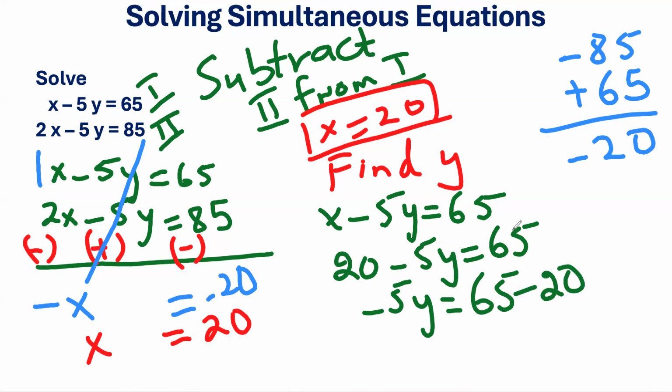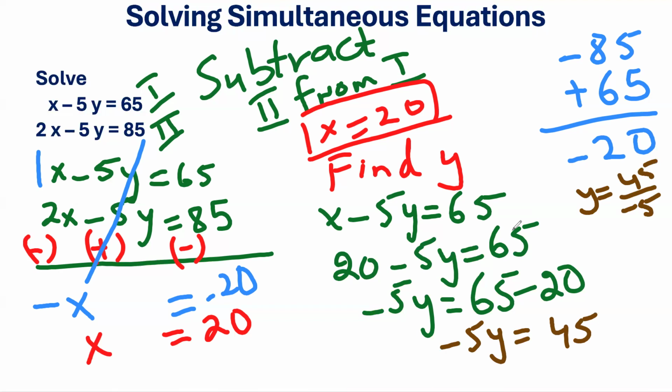Right? Next step is minus 5y equals what? 5 minus 0 is 5 and 6 minus 2 is 4. Next, y is equal to 45 divided by minus 5. 5 nines are 45. So y is equal to minus 9.